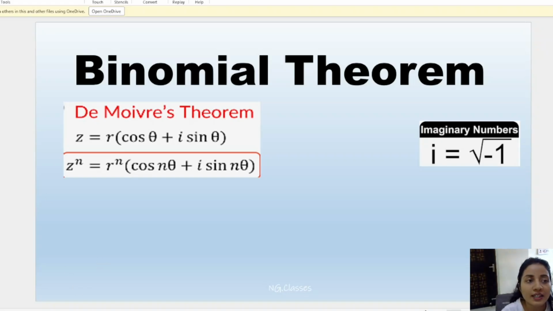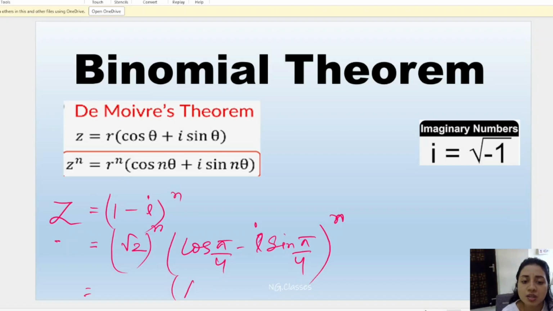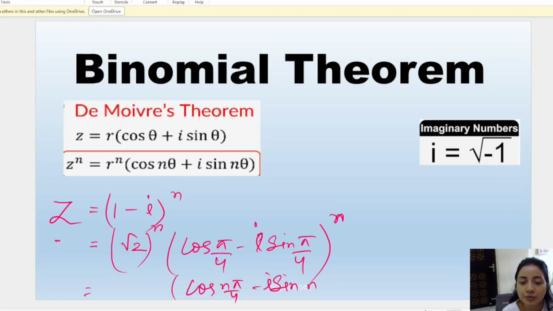So similarly in our case we were having z as 1 minus i to the power n, which we have converted and written as, and we have also given this exponent to root 2. Now de Moivre's theorem says that this can be written as cos n pi by 4 minus i sin n pi by 4. Is that making sense? And this root 2 to the power n will remain as it is, right?